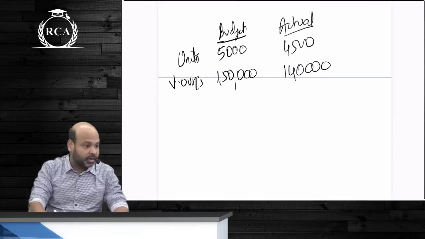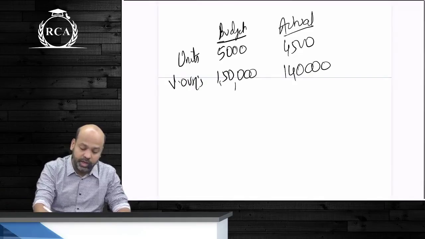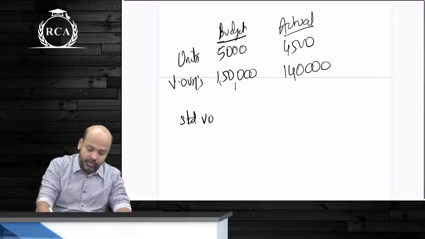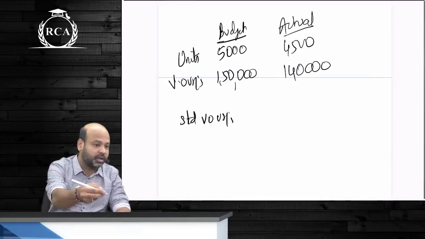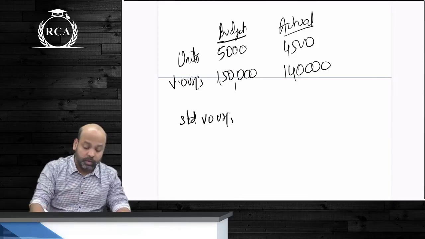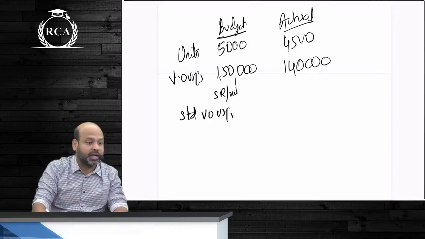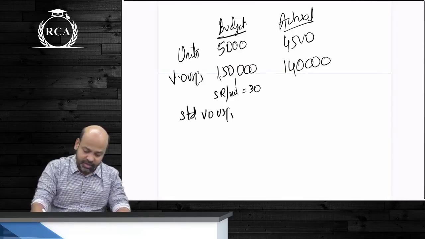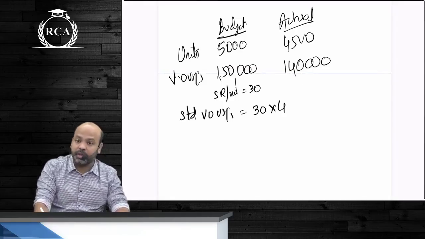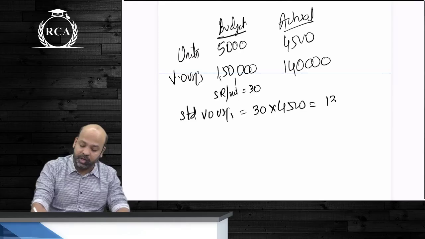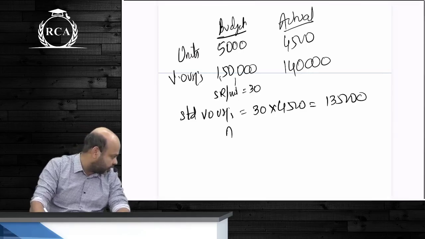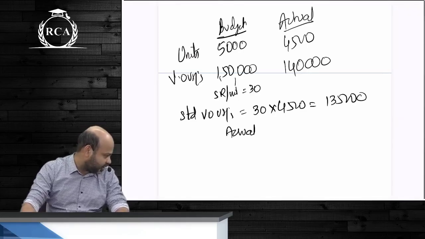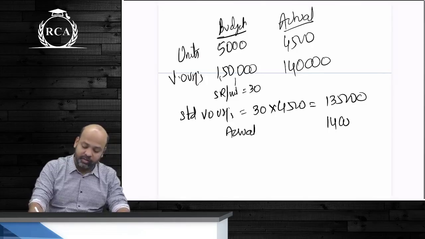So guys, here standard variable overheads are known. Standard variable overheads, guys, would be rate per unit कितना था? 30 rupees, no? Standard rate per unit कितना था? अरे 5,000 adverse कितना था? हाँ. So standard variable overheads will be 30 multiplied by 4,500, 1,35,000. Yes, beta, correct, Bhumika. Actual overheads are 1,40,000.